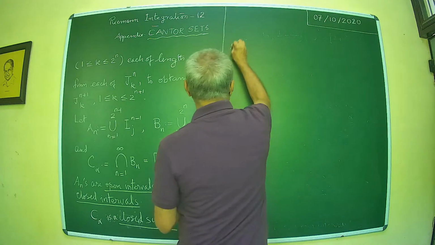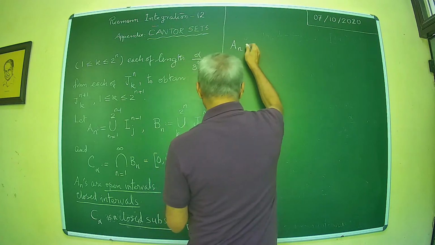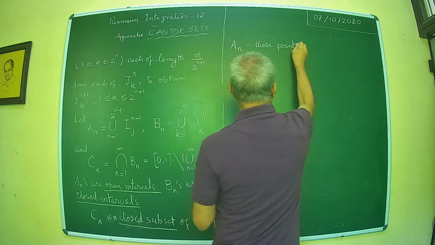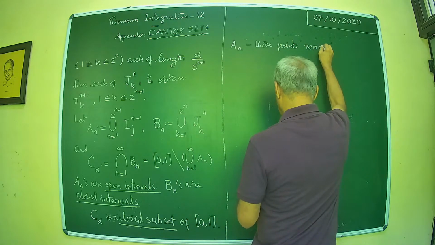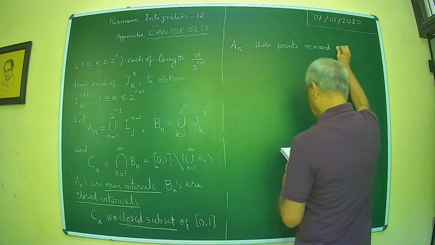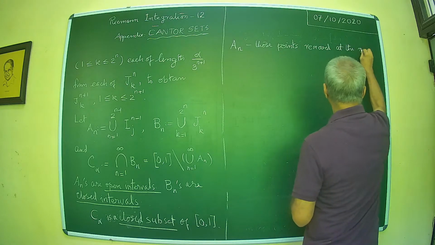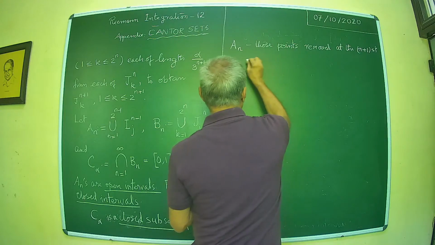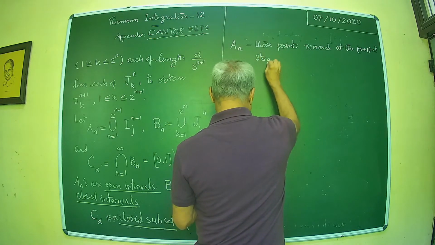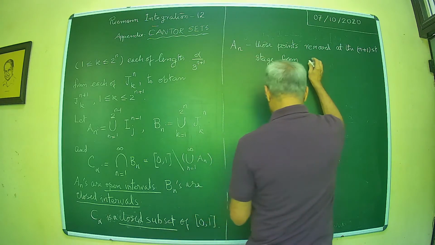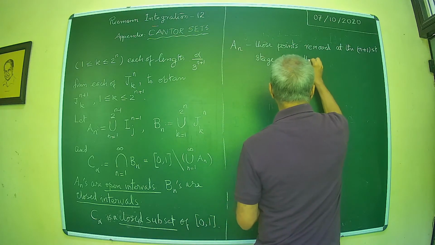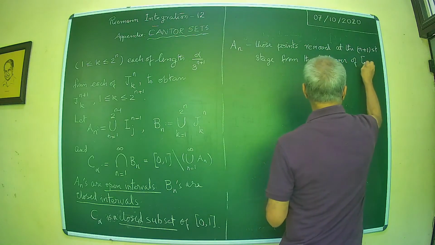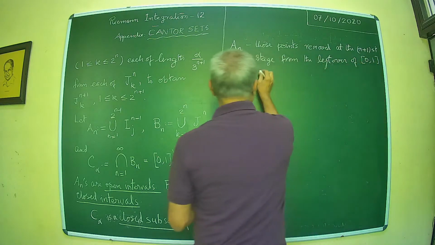So we also have the description of A_n. A_n is those points removed at stage n from the leftover of 0, 1 after the n-th stage.